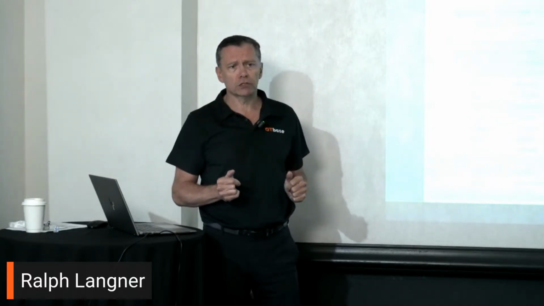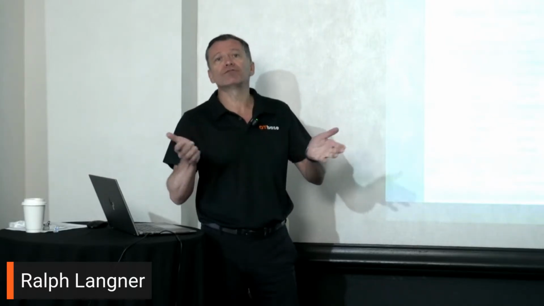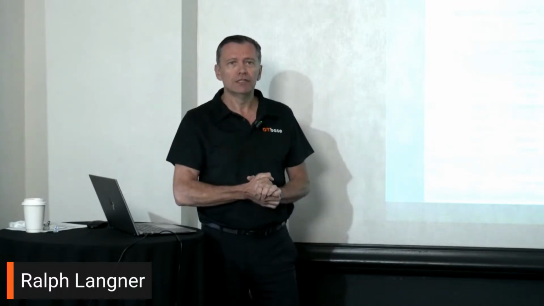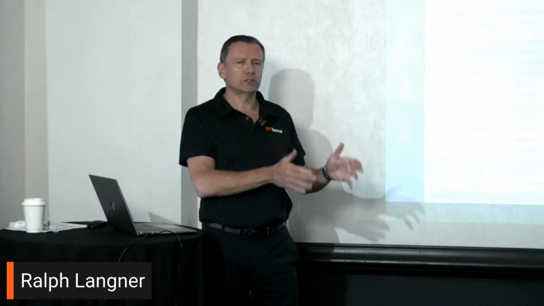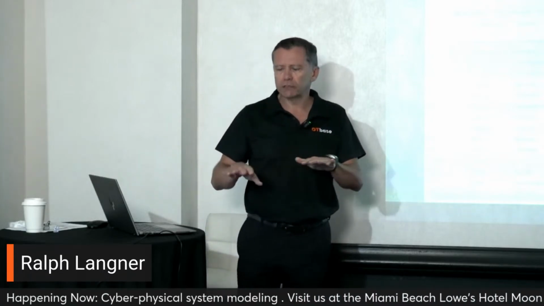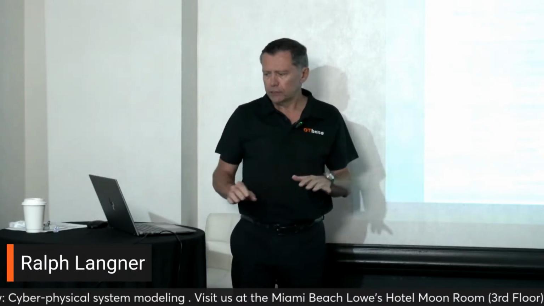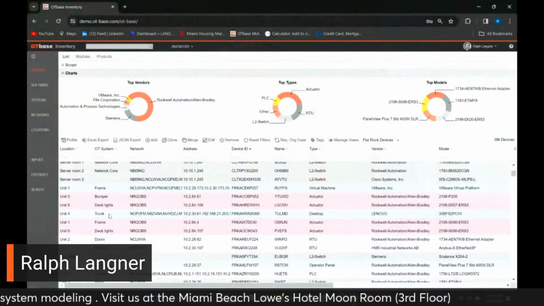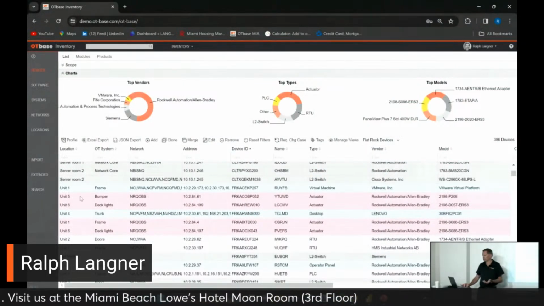Very simple example: let's just say you have two production lines producing the same type of product. If one of those lines is compromised and faces an outage, the other can still produce product. And that would not be the case if you use a strict horizontal approach. So this is what the OT system capability is all about in OTbase.